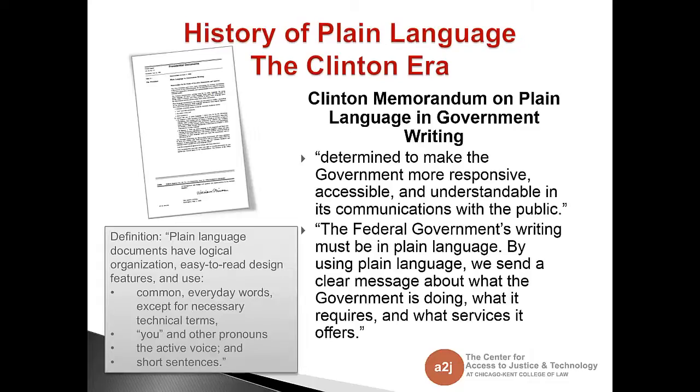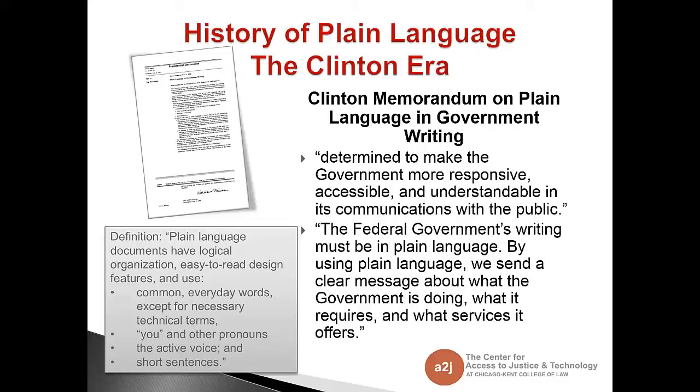In the 1990s, the Clinton administration was determined to make the government more responsive, accessible, and understandable in its communications with the public. Because of that, they dictated that the federal government's writings must be in plain language. By using plain language, we send a clear message about what the government is doing, what it requires, and what services it offers.